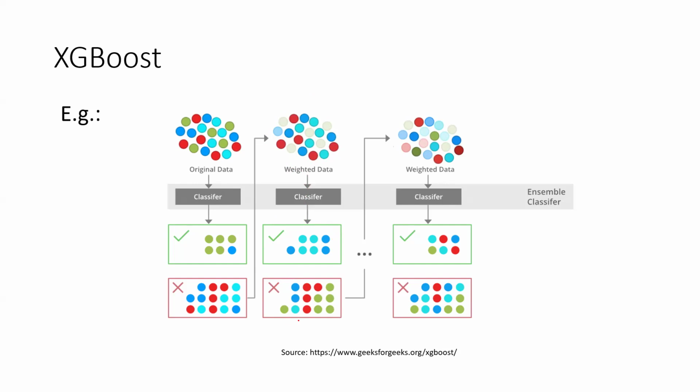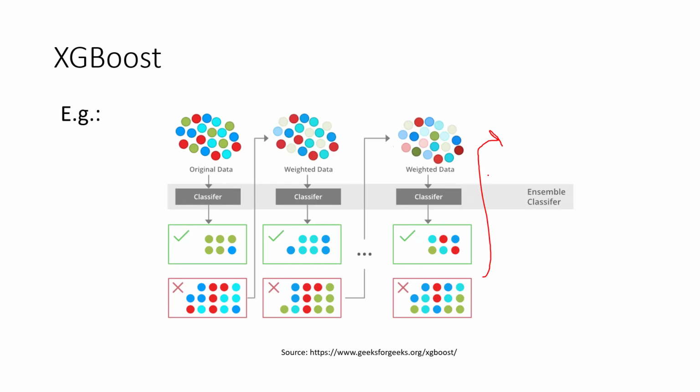For these data points it was accurate, and for these data points it was not accurate. So now we have added a higher proportion of these data points for creating the new sample, and now you can find there are green data points as well in the new data sample, and then you create another model, and then you classify the data set, and you do it again and again until a certain stopping criteria.